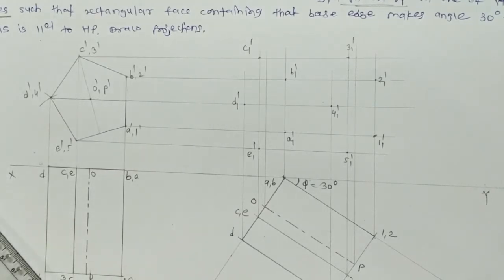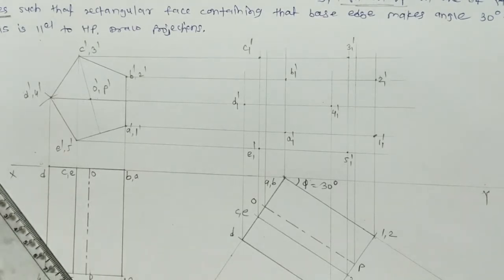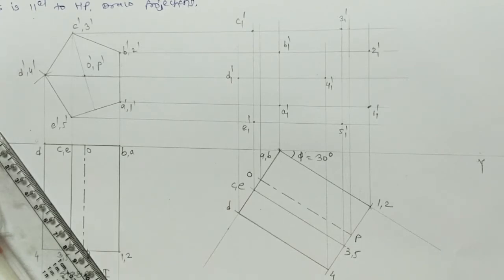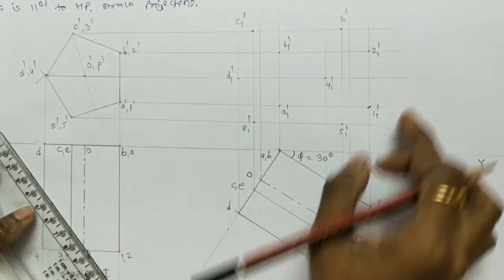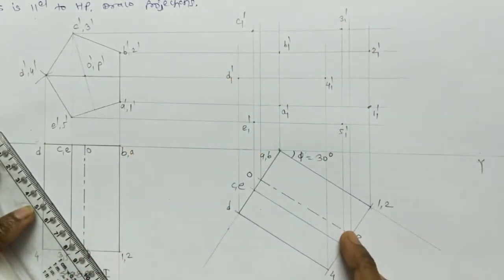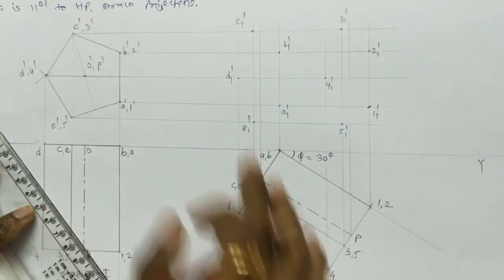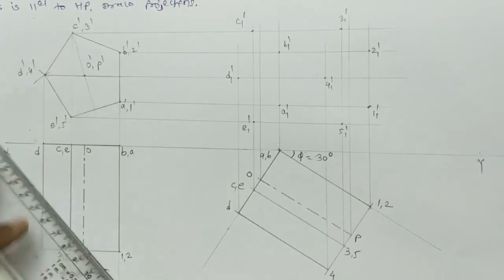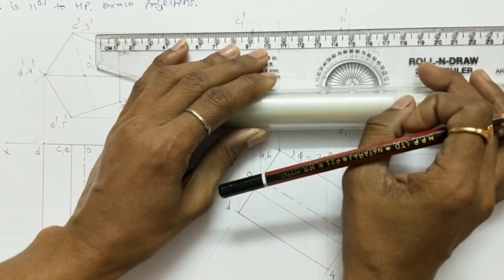Now first of all, remember, first join all these points, that is all outer points. So join all outer points by lines.